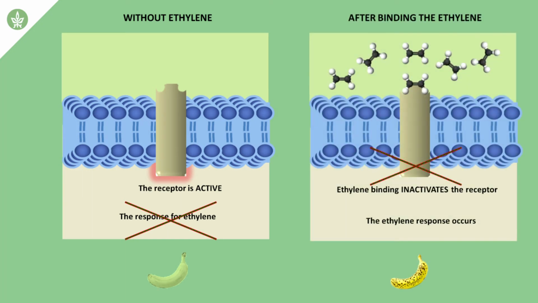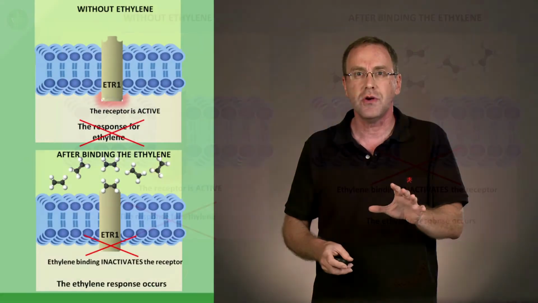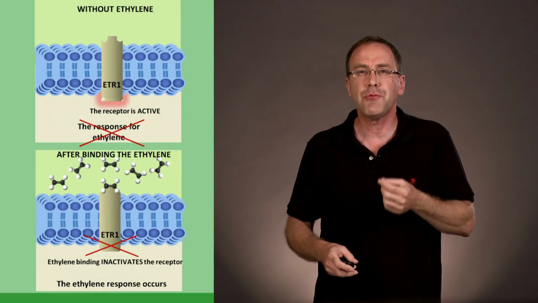Now, once ethylene is produced, it binds to the receptor, and when it binds to the receptor, it inactivates it. And once the receptor is inactivated, it then stops inhibiting the ethylene response. And so then the ethylene response can go forward, whether it's fruit ripening or elongation in the dark. So in other words, the ethylene receptor is a repressor.